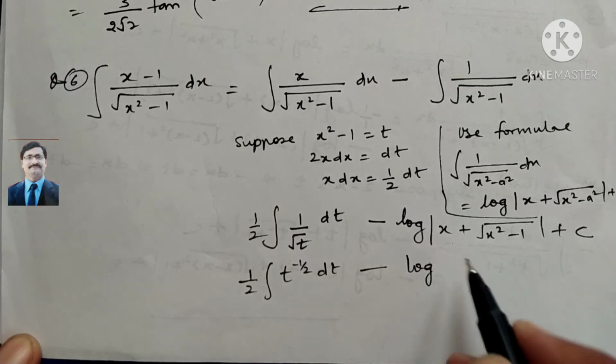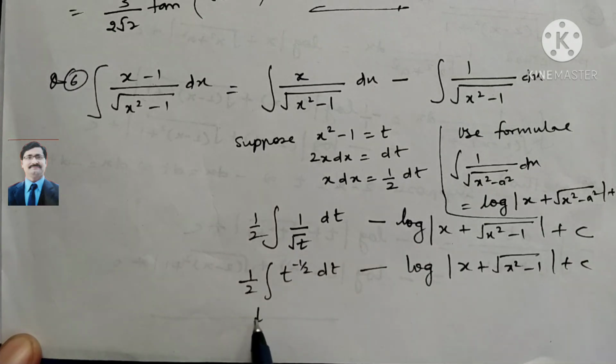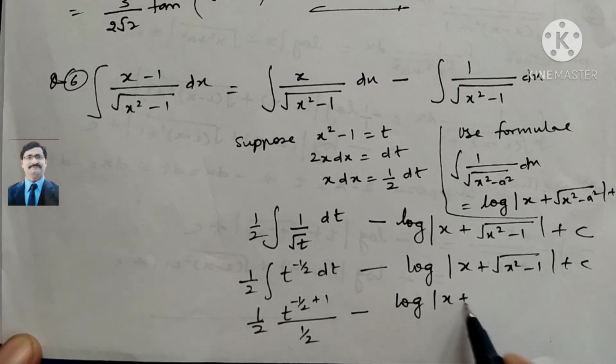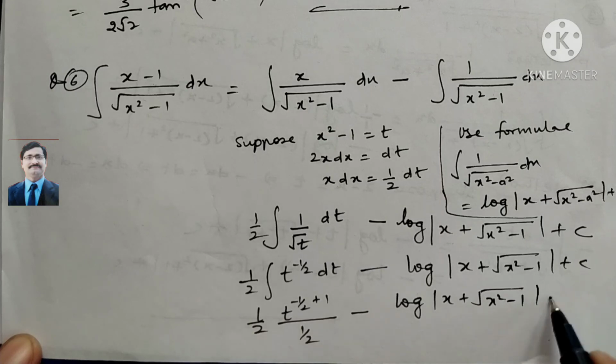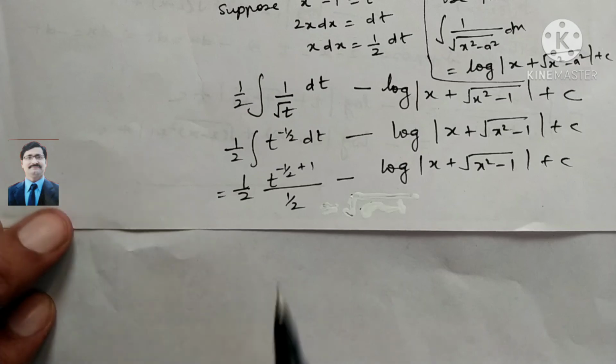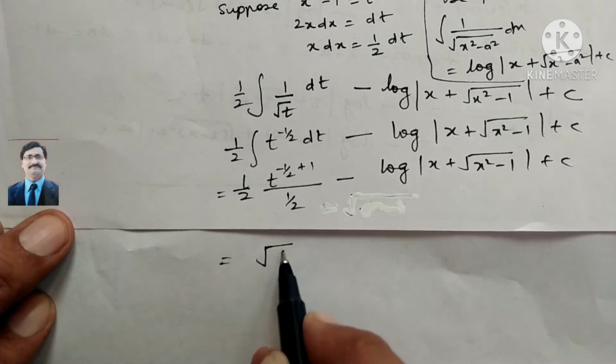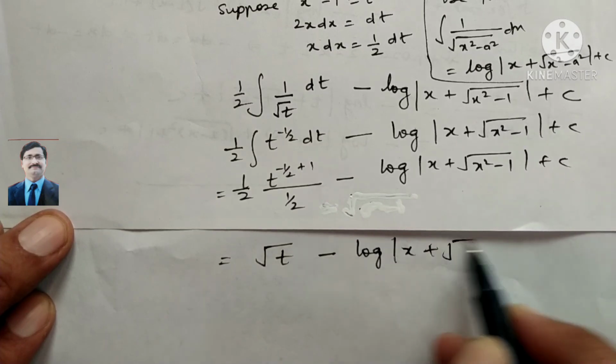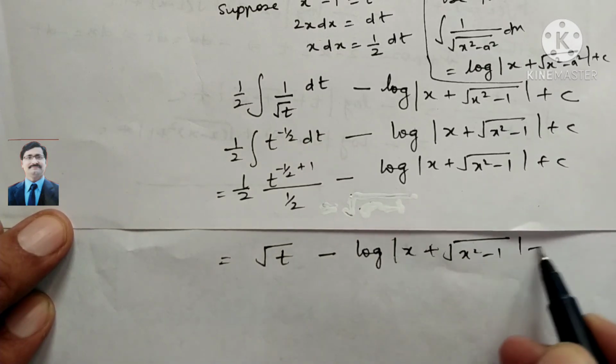This we can write as 1 upon 2 times t power minus 1 upon 2 plus 1, upon minus 1 upon 2 plus 1, which is 1 upon 2, minus log of x plus root of x square minus 1 plus c.